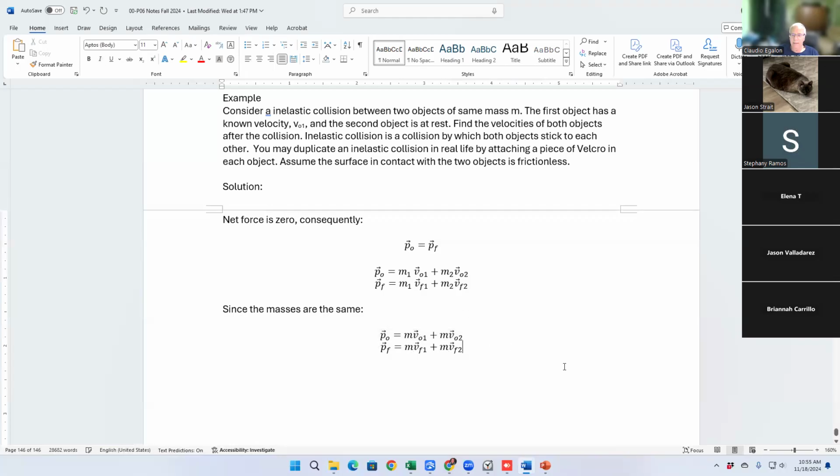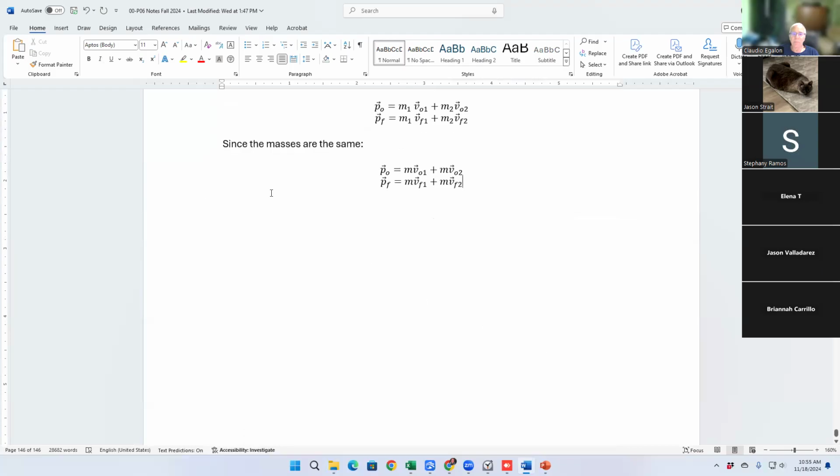What else? We know that the initial velocity of the second object is 0. Then we can simplify the first equation. This one here is going to be 0.